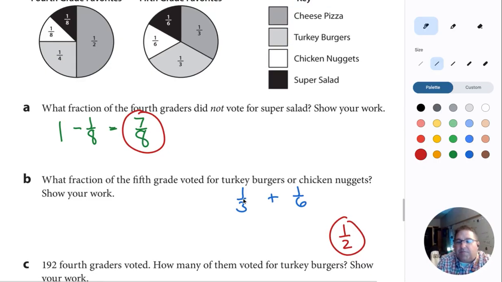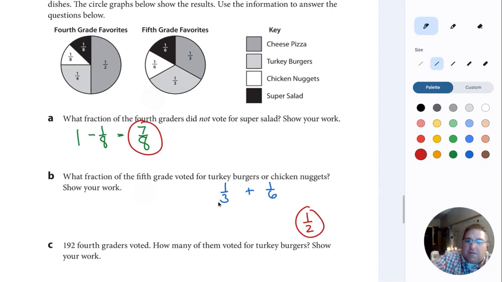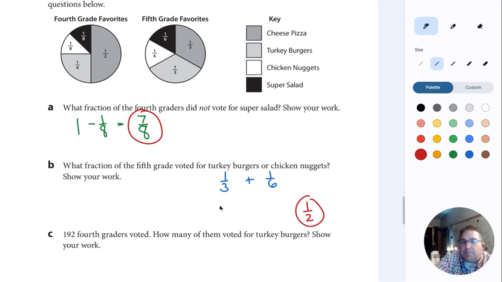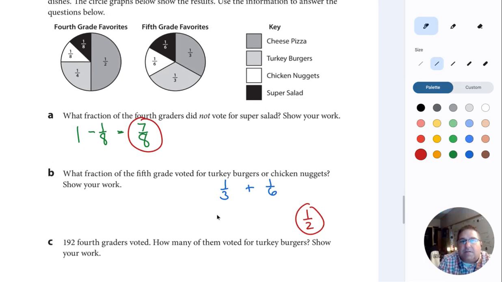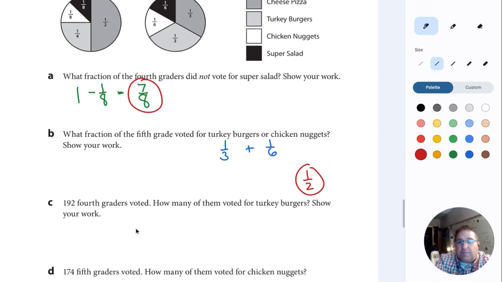192 4th graders voted altogether. 192 4th graders voted. How many of them voted for turkey burgers? So turkey burgers are this light one, so 1/4. So what we need to do is find 1/4 of 192.